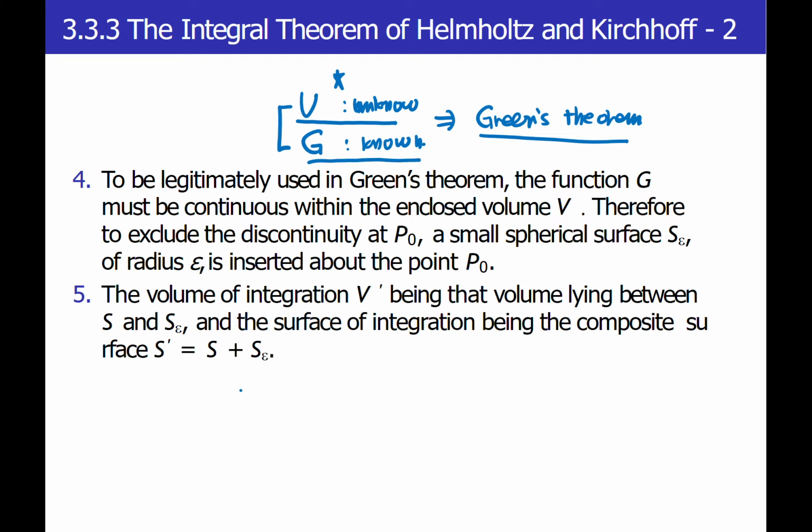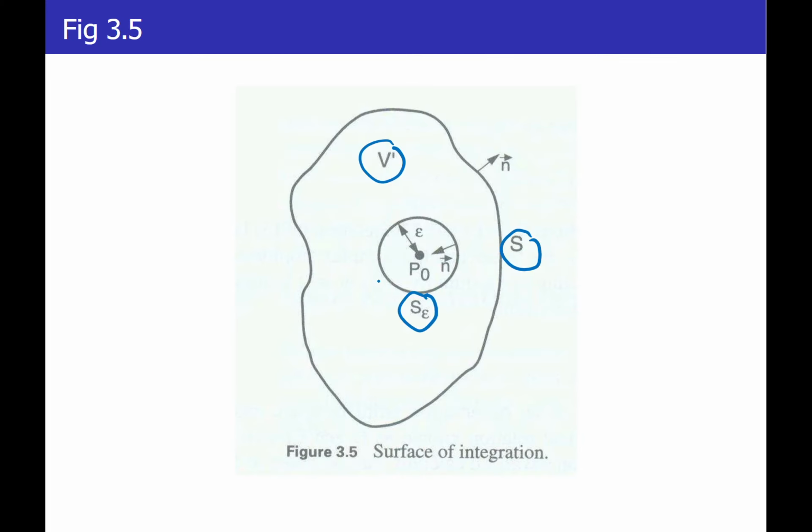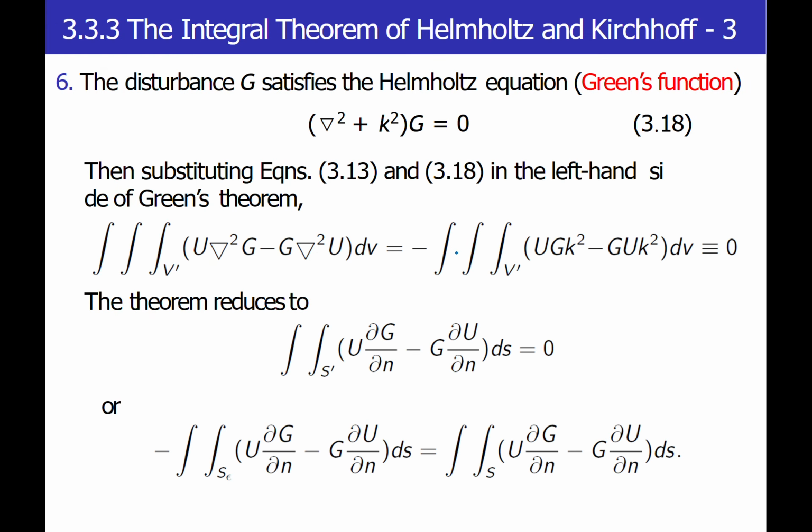So we have the total closed surface given by S plus S epsilon, like this, and the inside volume is V prime. Okay. So note that the radius here is epsilon, which is very small. So now let's go back. We have these Helmholtz equations.